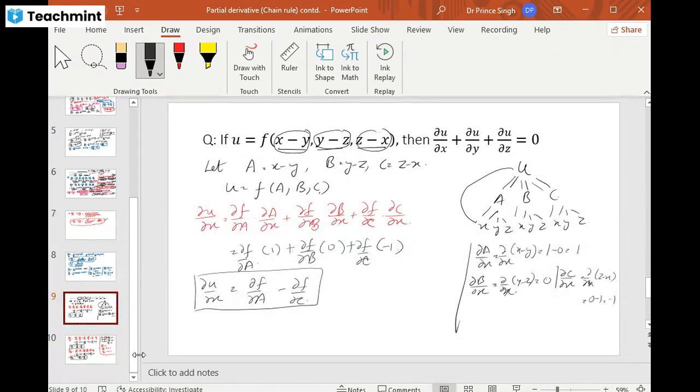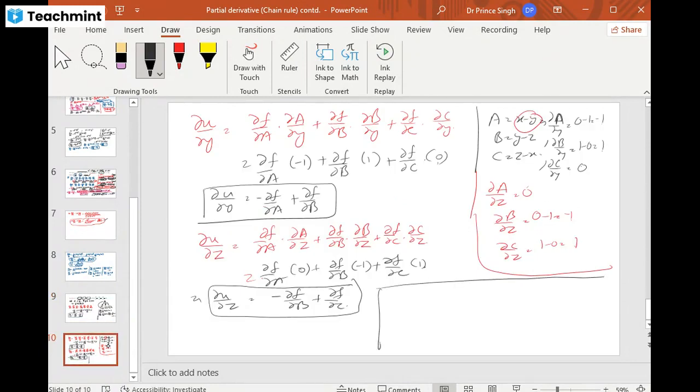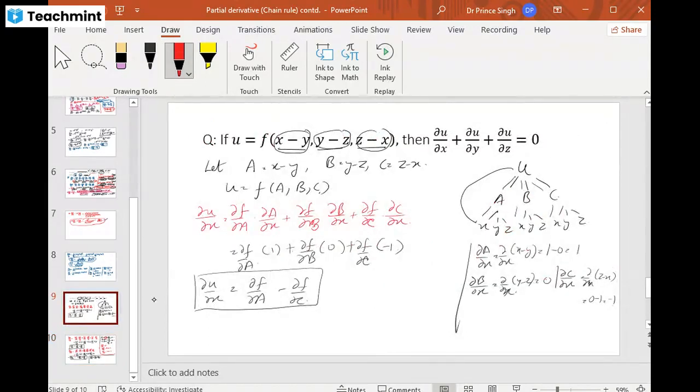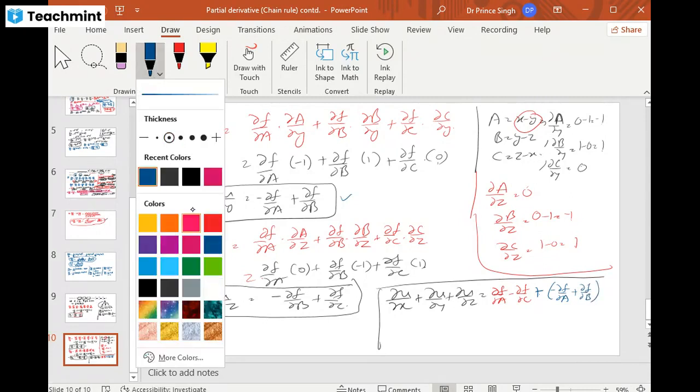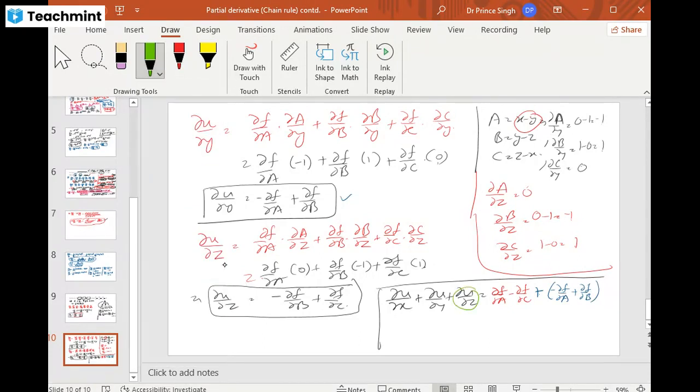So let us add all these derivatives: ∂u/∂x plus ∂u/∂y plus ∂u/∂z. ∂u/∂x is ∂f/∂a minus ∂f/∂c, plus the derivative of u with respect to y, which is minus ∂f/∂a plus ∂f/∂b, and last the derivative of u with respect to z, which is minus ∂f/∂b plus ∂f/∂c.